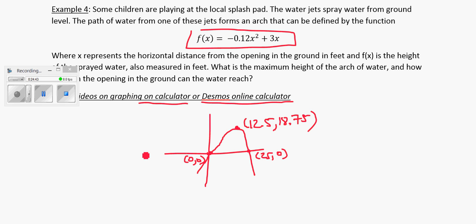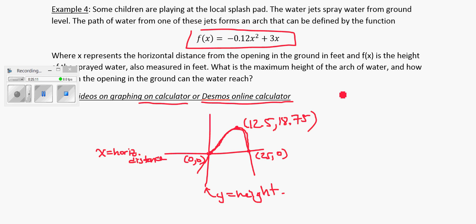Okay, and we are told that the x-axis represents the horizontal distance in feet, and the y-axis represents height. And the parabola represents the motion or displacement of the water.